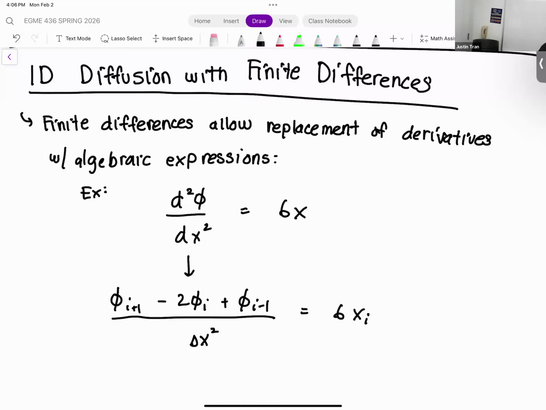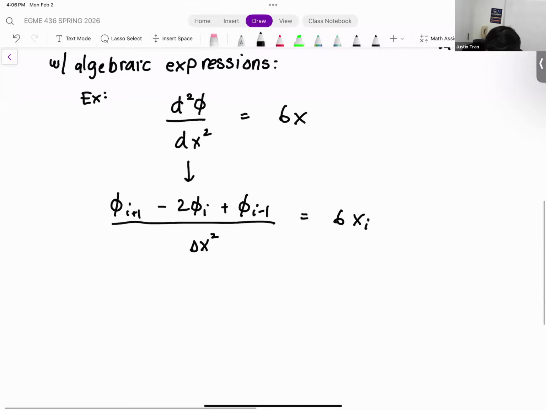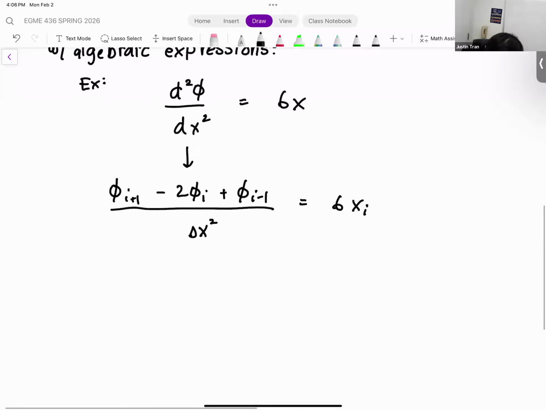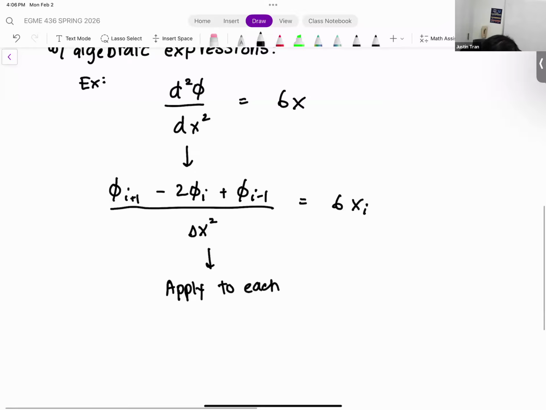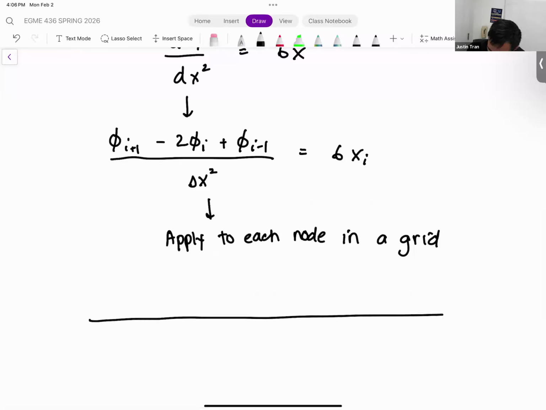And then we apply this equation to a discretized grid. By grid, basically what I mean is you take your domain, and we're sticking with 1D for now, but in a week or so we'll move on to 2D.